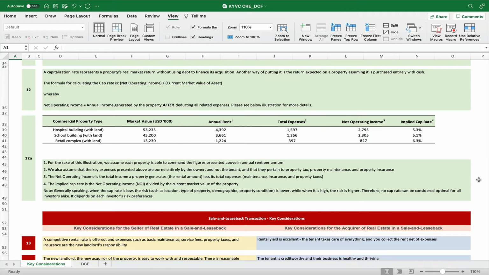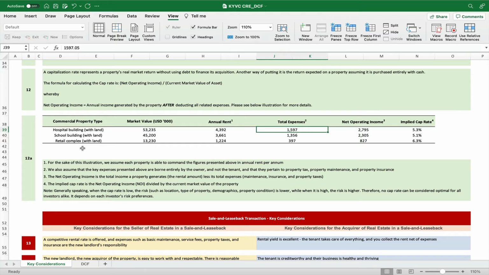Let's say the first commercial property is a hospital building with land, and its market value is $53.2 million. The annual rent this property is able to command is $4.4 million a year, and the total expenses that the landlord is responsible for paying are $1.6 million a year.